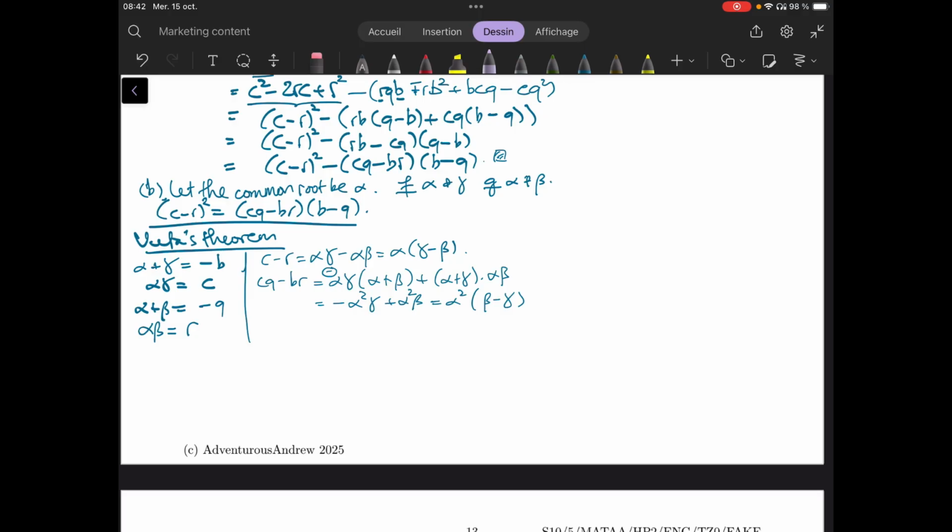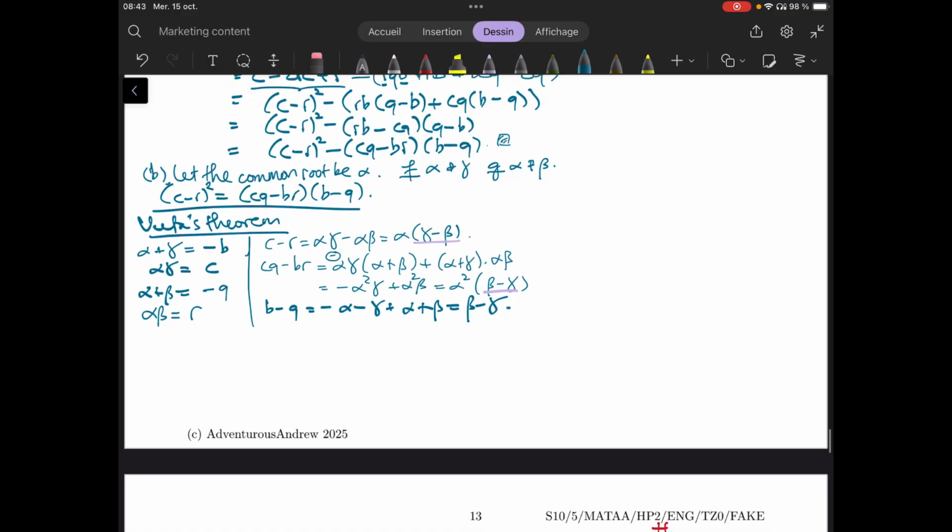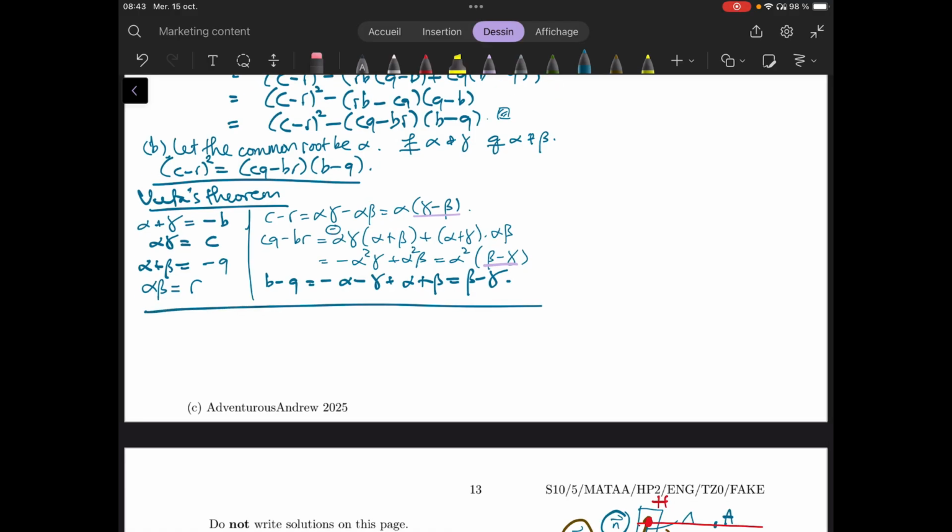Okay, we can see the various parts of our proof are coming along. b minus q, b minus q, that would be very convenient. Therefore, now we just naively plug into this.